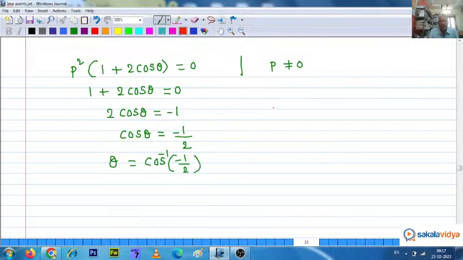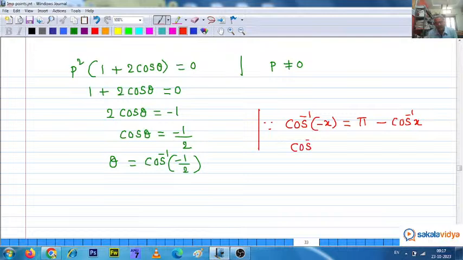So my dear students, remember, cos inverse of negative x is equal to pi minus cos inverse x. So this cos inverse of negative 1 by 2 can be written, pi means 180 degrees, so don't worry, minus cos inverse 1 by 2.